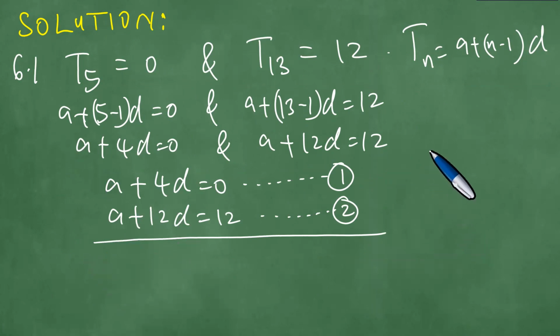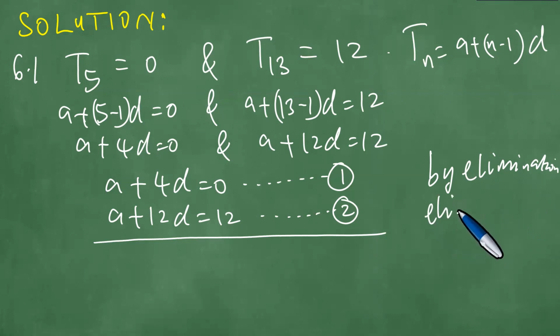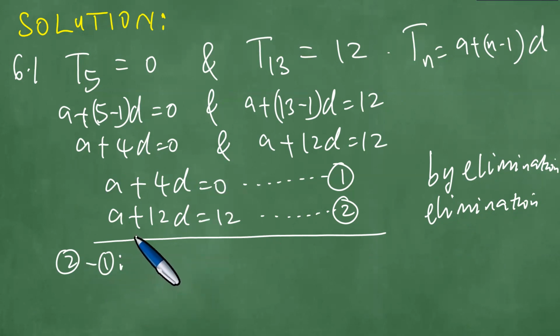Elimination is removal. We eliminate A because we remove A from the equations. So equation 2 minus equation 1: A minus A is 0, and 12d minus 4d is 8d.